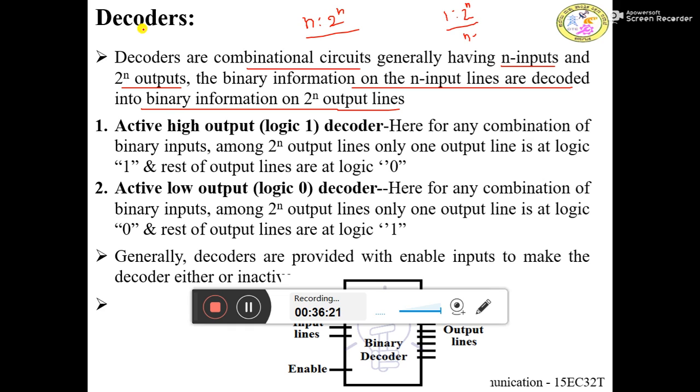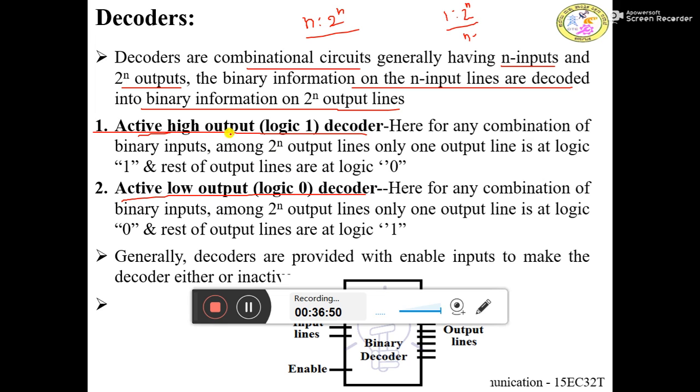Here, the binary information on the n input lines is decoded into information on the 2 to the power of n output lines. How is it decoded? That depends upon the different variants that are available with decoders. The first decoder is an active high output decoder, and the second is an active low output decoder.